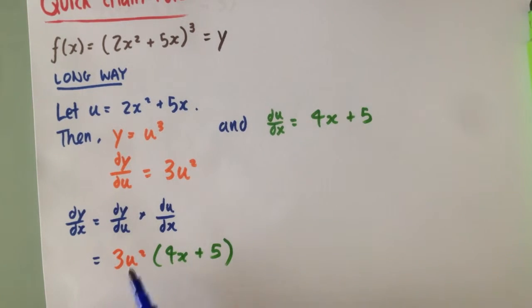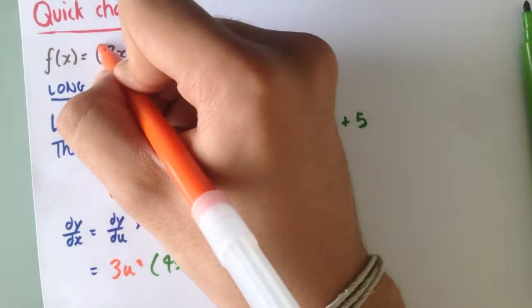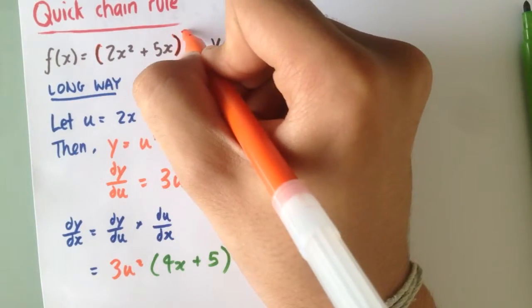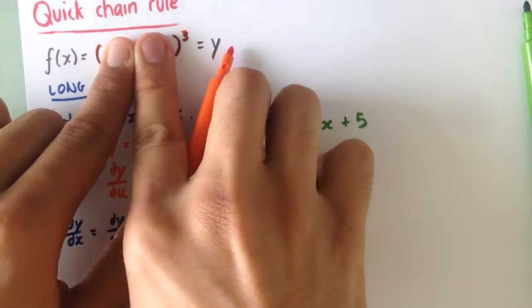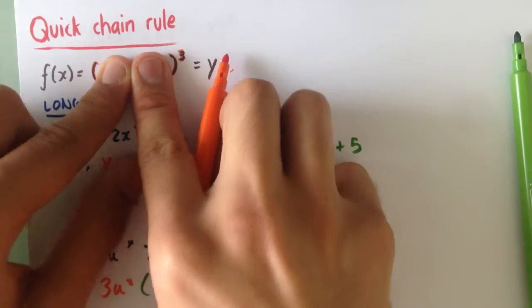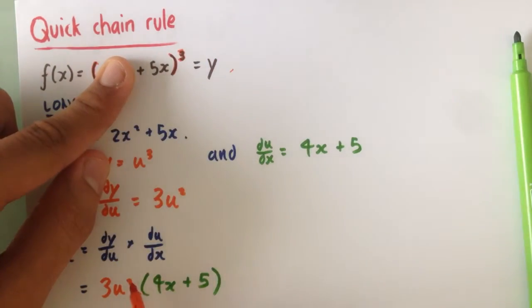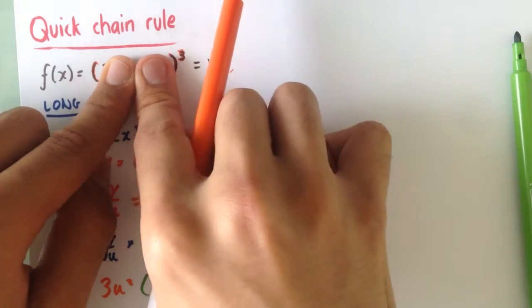Before we move on, let's have a look at what these things are. This orange thing over here is just the derivative of the outside bit. It is the derivative of something cubed if that something was just a variable. If we name this variable u, then the first term is just the derivative of u cubed.